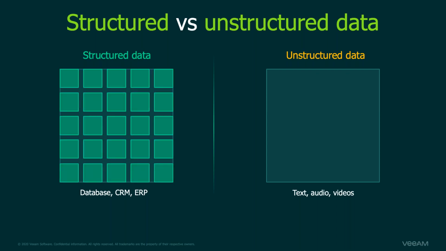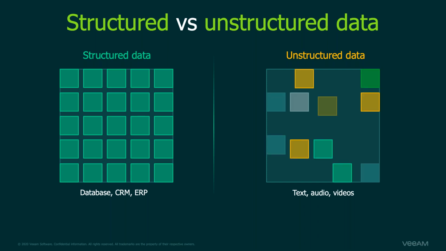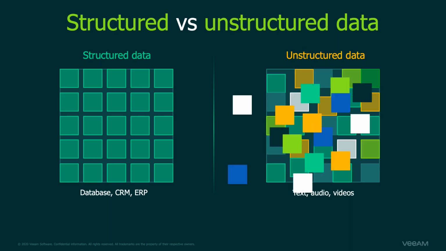If we think about structured data, we think of it in terms of a database, CRM system, etc. It's very rigid. You know exactly where this data resides, in what table, in which function. Whereas unstructured data, the best way to describe this is your home directory.